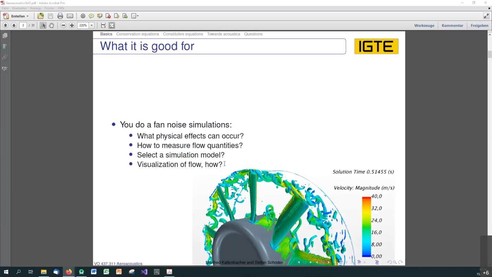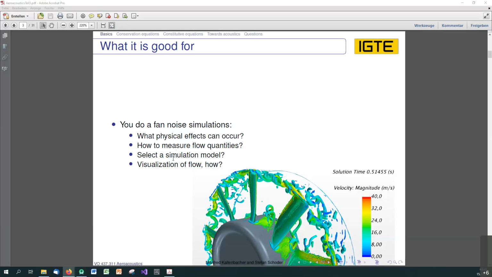Check out this publication, and it's about fan noise simulations and what physical fluid dynamic effects can occur there, how we can measure these flow quantities.